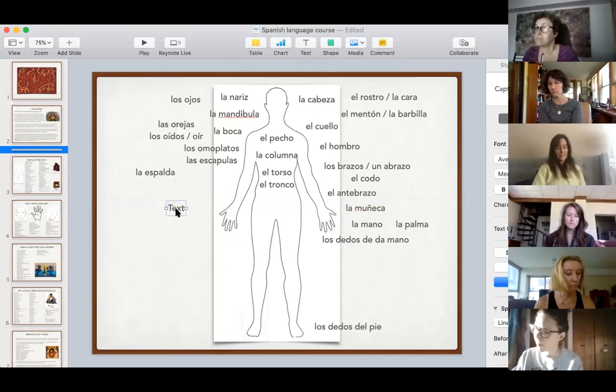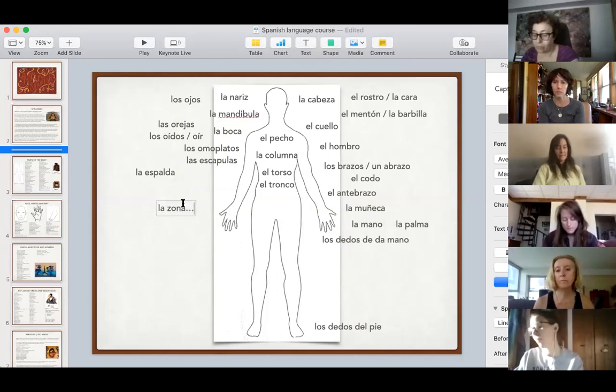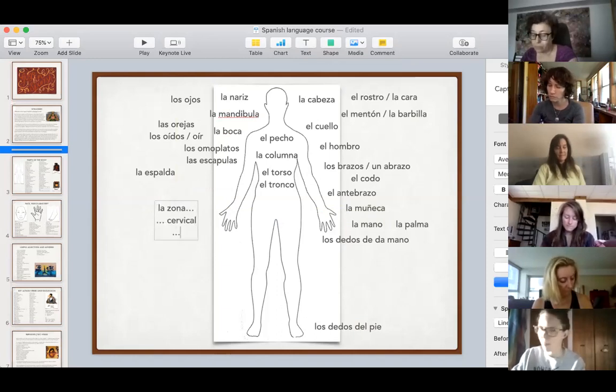So in Spanish, we can talk about zonas. Right? What does a zona mean? Zone. Area, zone. Yeah, an area or a zone. So we'll talk about those 3 areas or zones. So you can talk about la zona cervical. Yeah, so your cervical area, your cervical spine. La zona torácica.